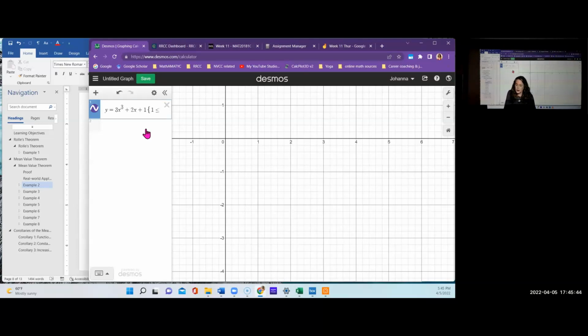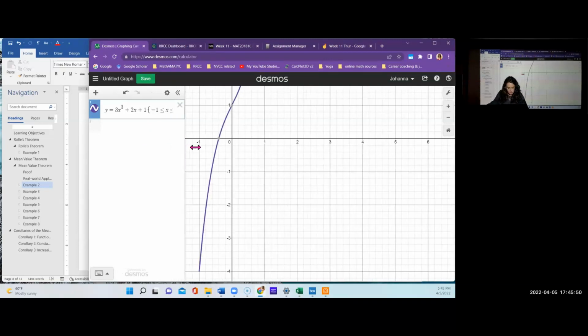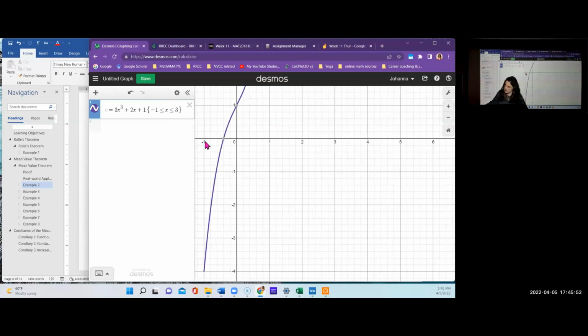And our interval runs from -1 to 1. So I'm going to change my interval here from -1 to 1. So my closed interval is from -1 to 1.